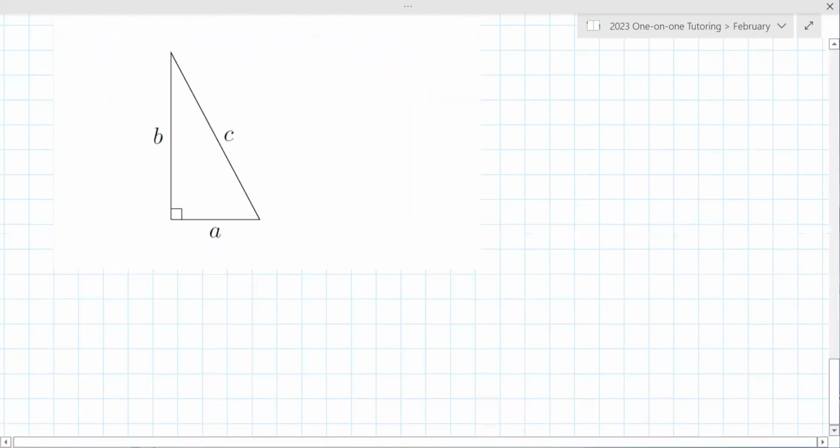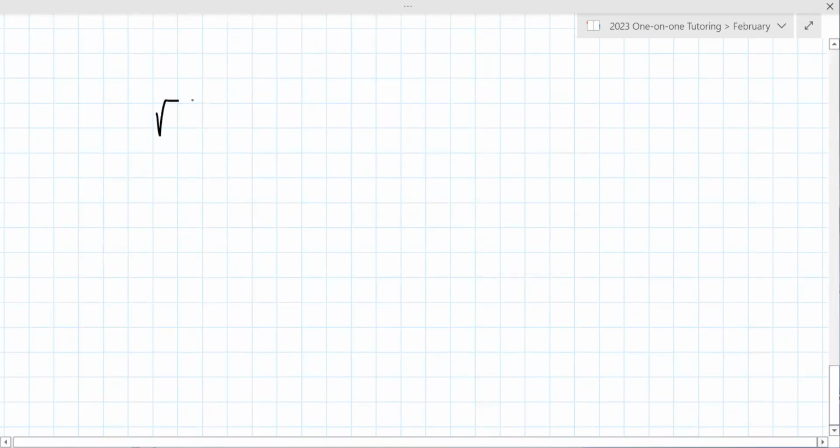So before we do that though, if I tell you the square root of 10 and then you square it, do you know what this becomes? It's 10. The square root is undone by the square. What is the square root of 9 squared?